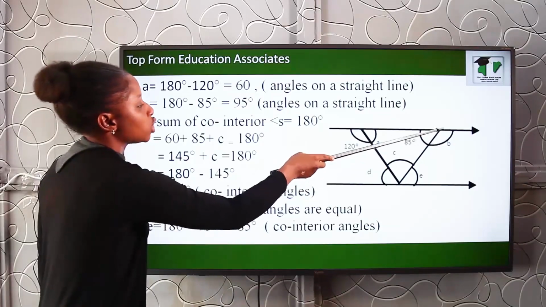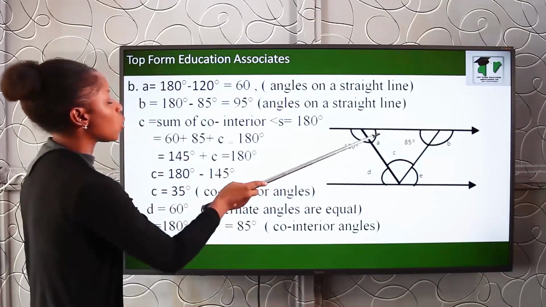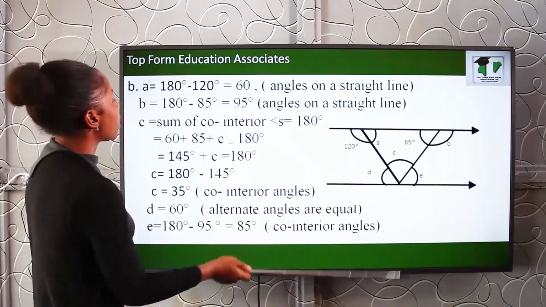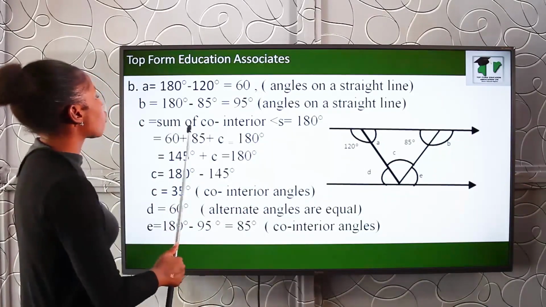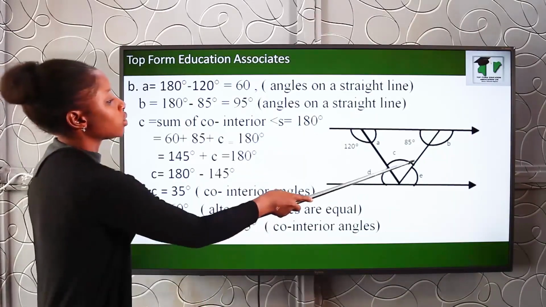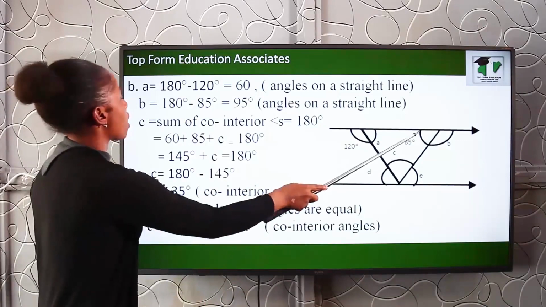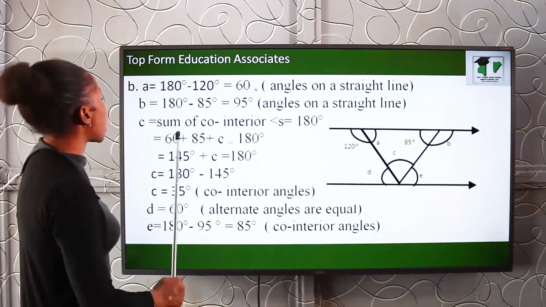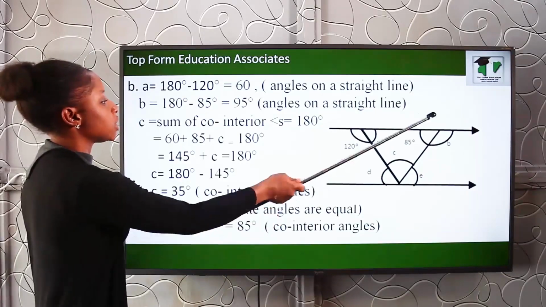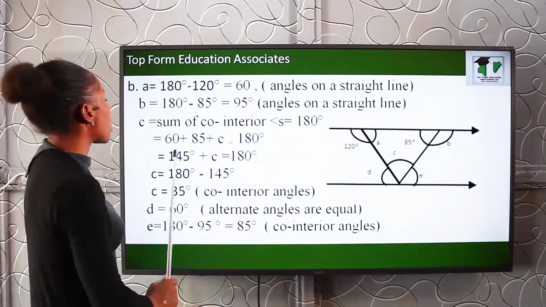These two angles are on this straight line. Likewise, these two angles are on this straight line. Now to get C, remember, we've established that the sum of co-interior angles is 180 degrees. All these are co-interior angles. So we're looking to add 60 plus 85. We've gotten A as 60, and we've gotten this 85. So we'll add them together.